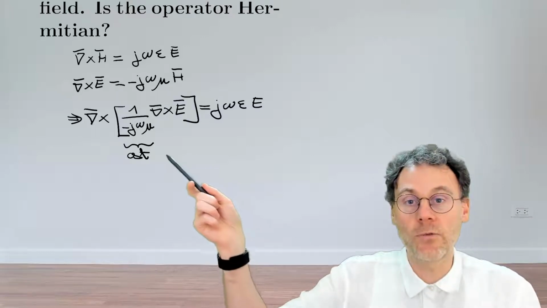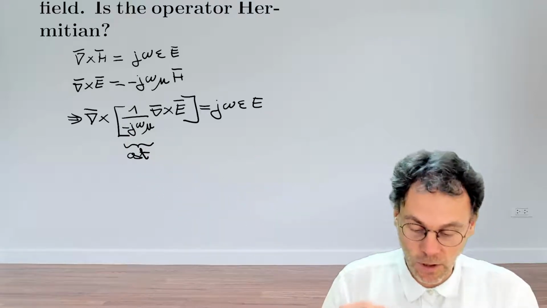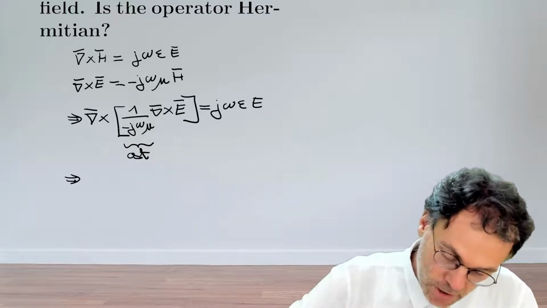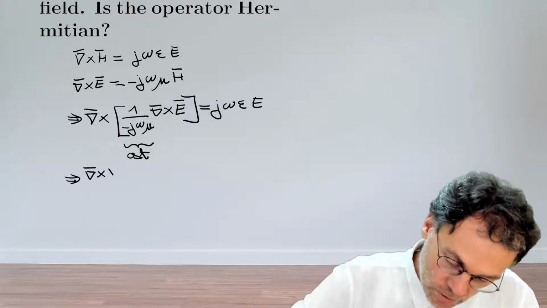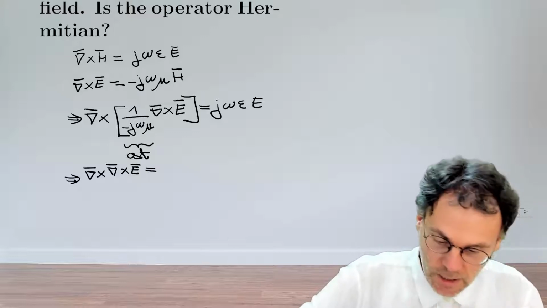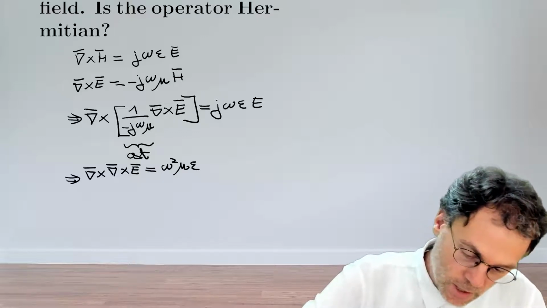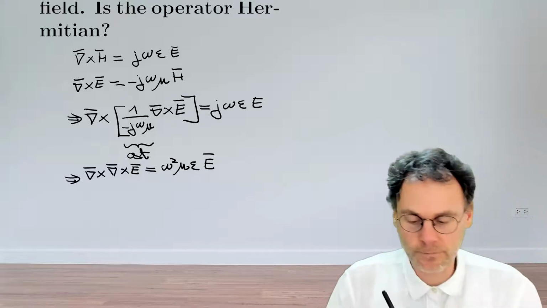So we can safely bring this outside of the differential operator and also move that to the right-hand side. We can clean this up a little bit to have that the curl of the curl of the electric field is omega squared mu epsilon E.